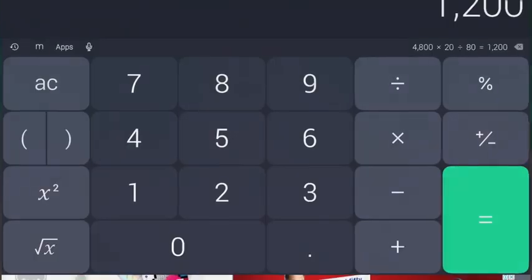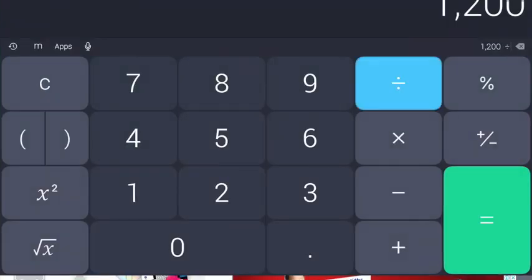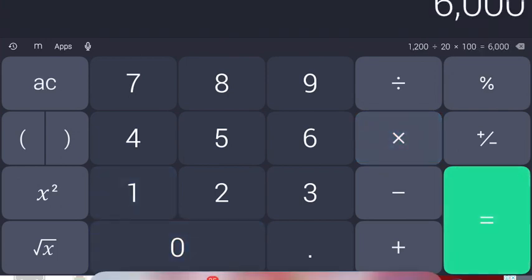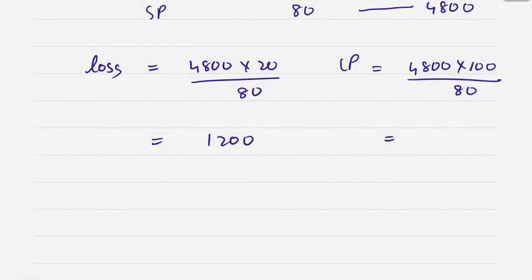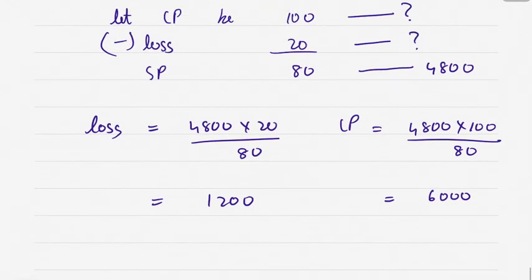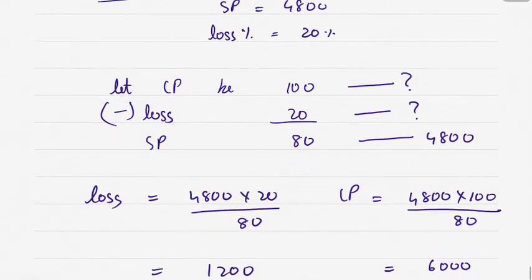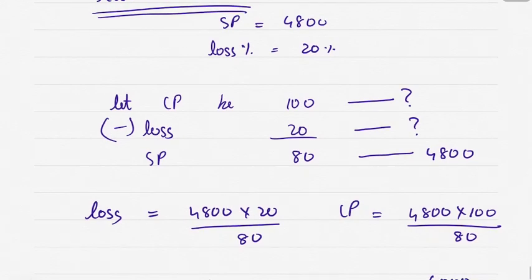And 4,800 into 100 divided by 80 comes to 6,000. Okay. So in the second book rack, cost price is 6,000, loss is 1,200, selling price is 4,800. Okay.